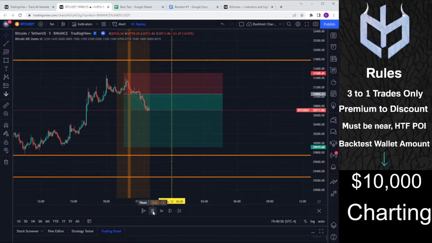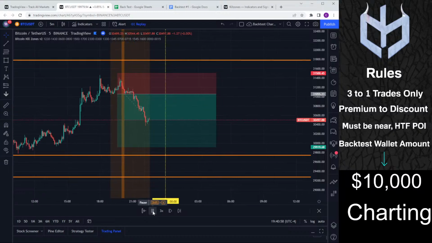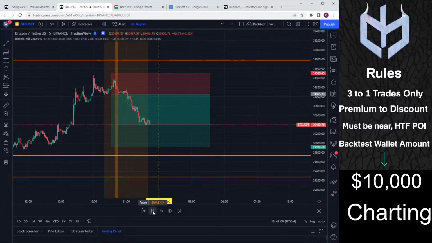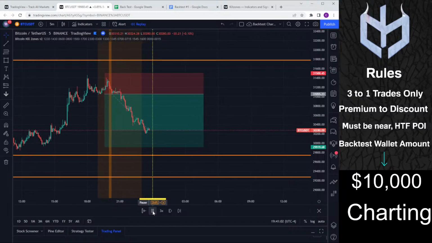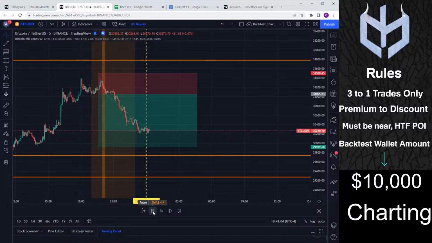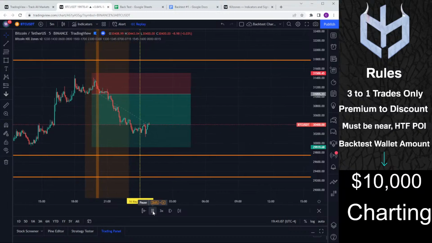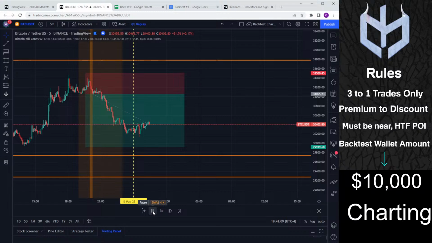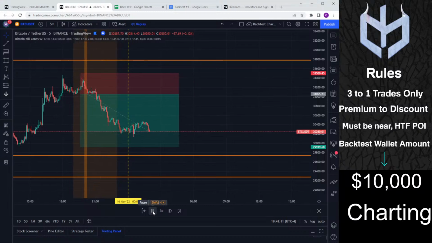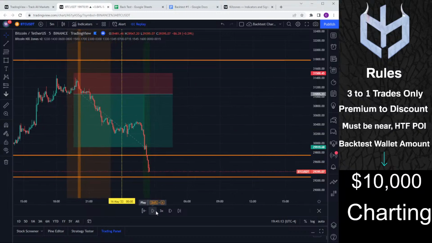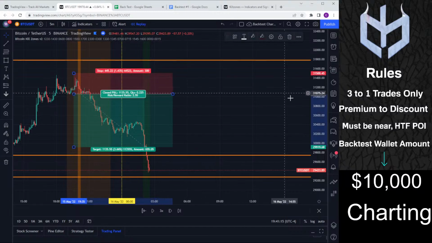Ooh, didn't come back up to the fair value gap. It is trading short though, and did not get the trade.